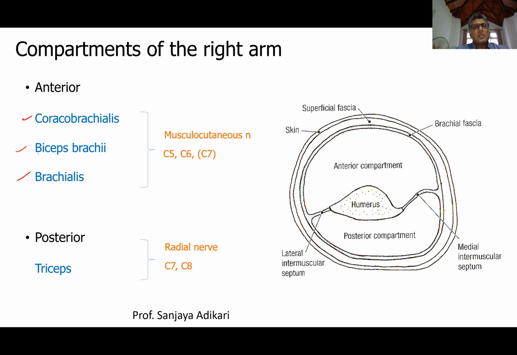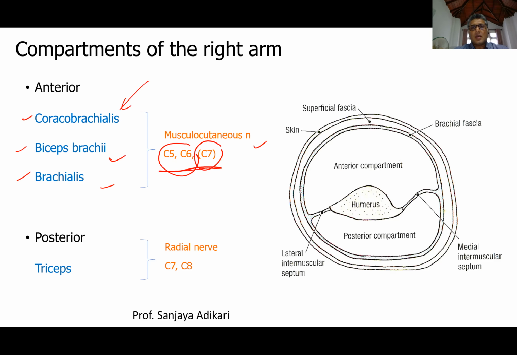All three muscles are supplied by the musculocutaneous nerve, a branch from the lateral cord of the brachial plexus, and the segments supplying these muscles are C5 to C7. C5 and C6 mainly supply the biceps and brachialis, and C7 is almost totally given to the coracobrachialis muscle.